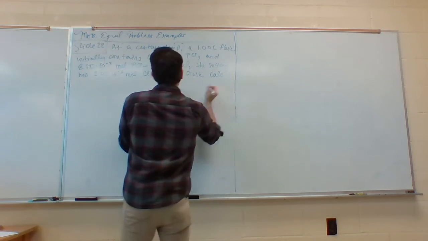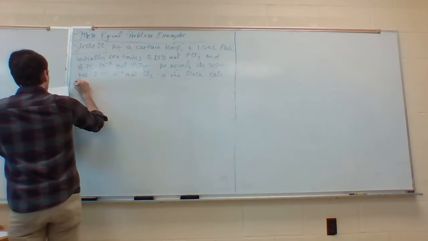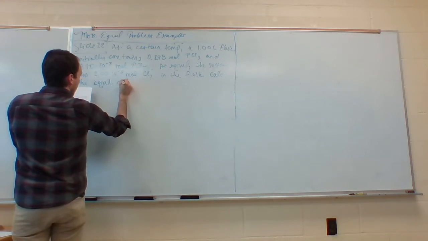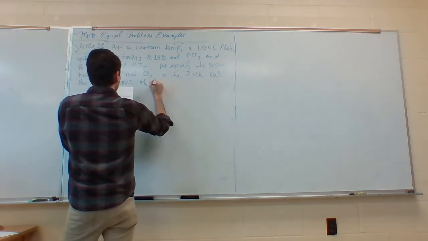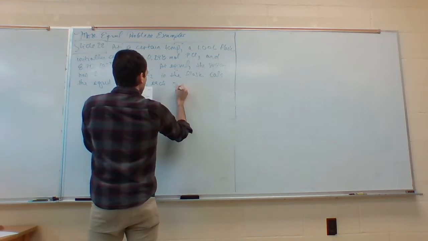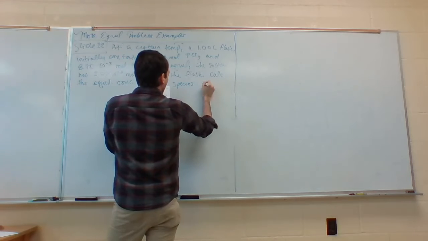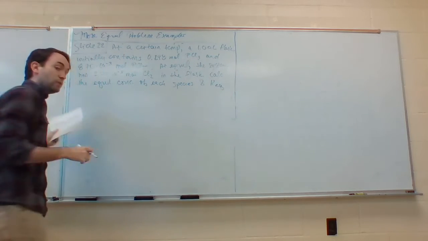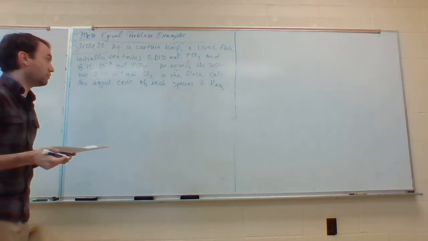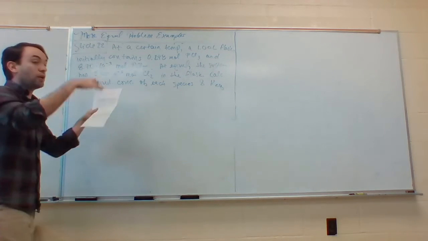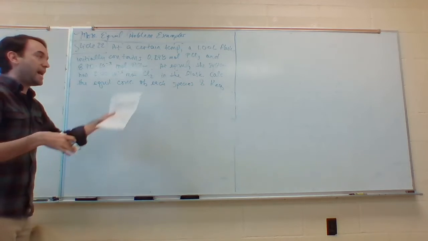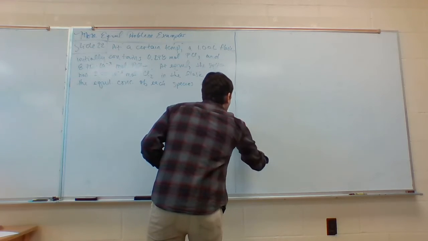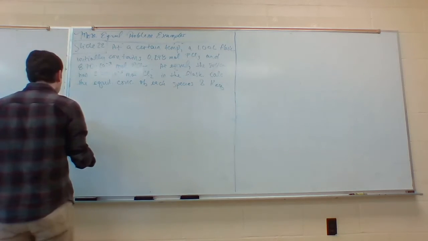Now let's calculate the equilibrium concentrations of each species and our KEQ. All right, so this one's a little bit different than the problems that we've done so far. All right, but you're going to follow the same process, and as you go through, you're going to write what you know and try to find what you don't know.